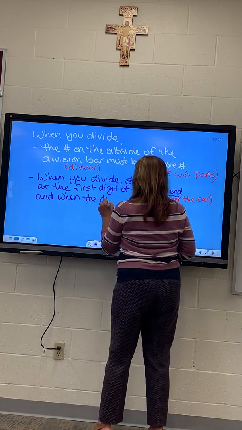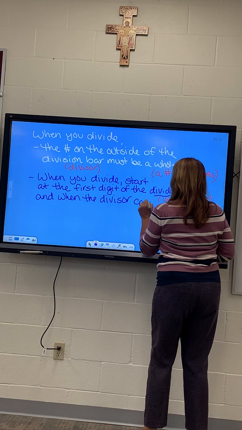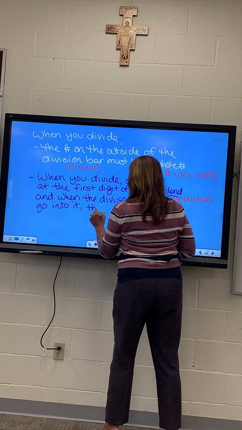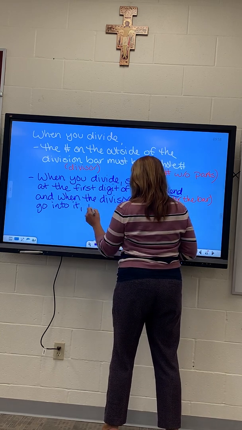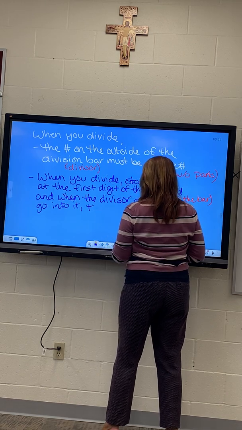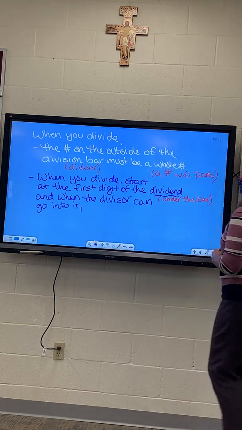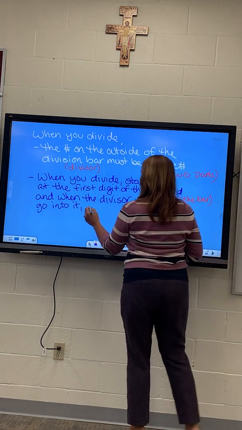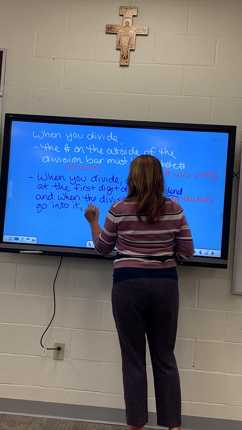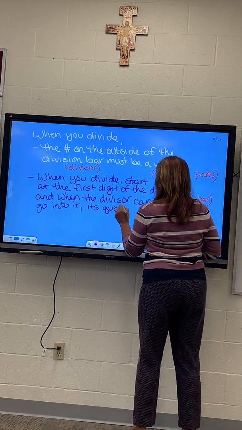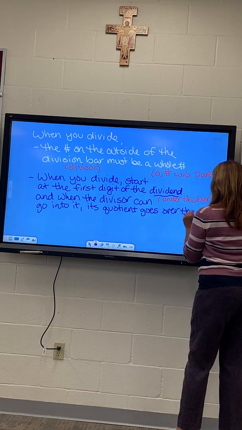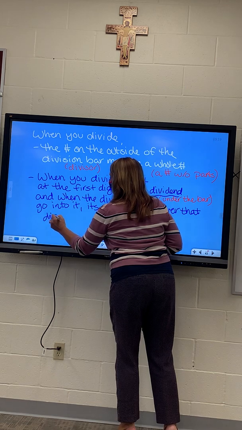When the divisor can go into it, its quotient goes over that digit.